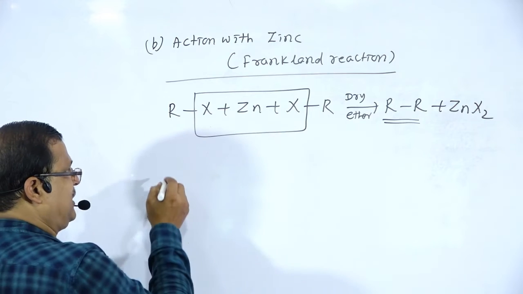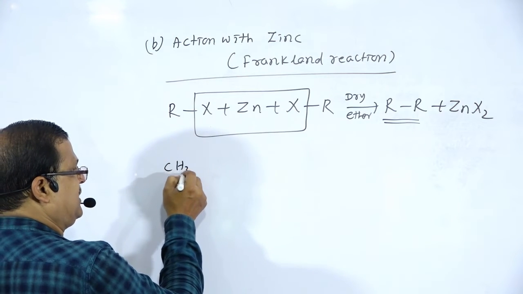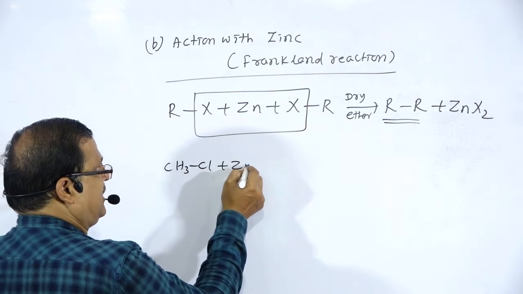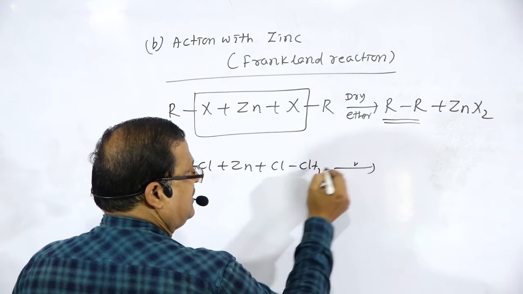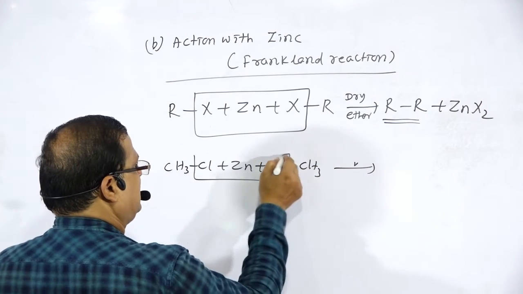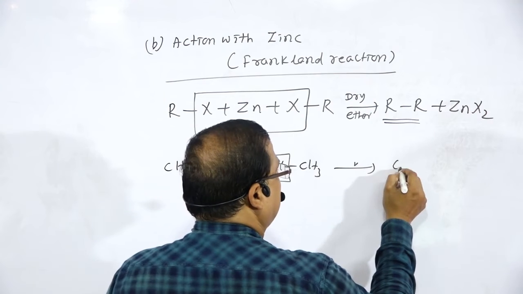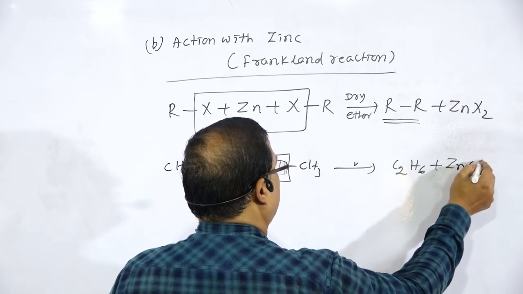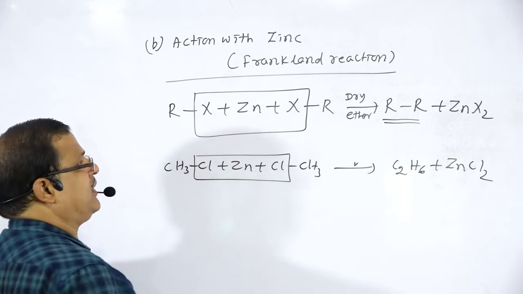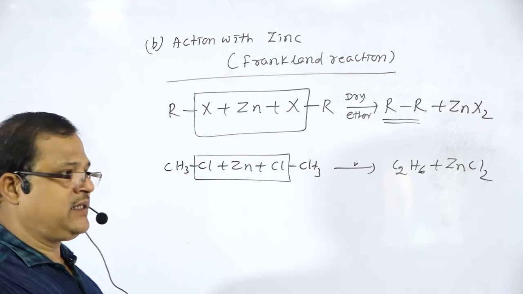If we take particular examples of this kind: CH3Cl plus Zn plus ClCH3 in dry ether gives C2H6 plus ZnCl2. The reaction takes place in the presence of dry ether.